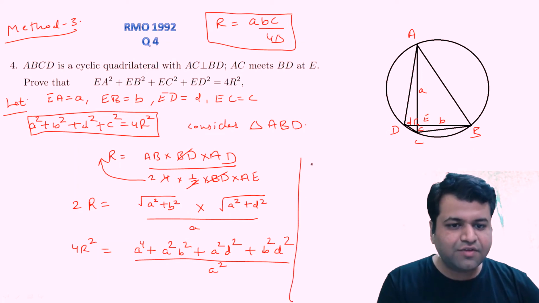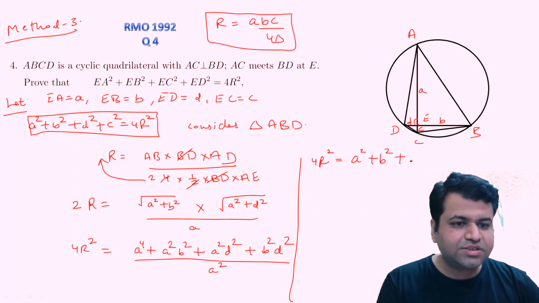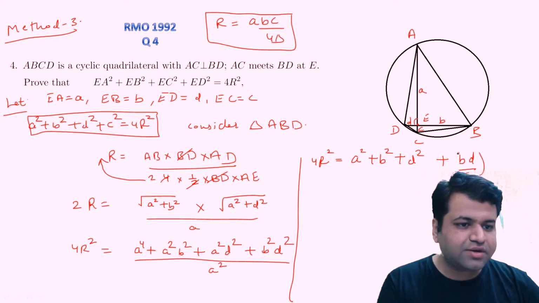So what we will get is 4R square equals a square plus b square plus d square plus this new thing, b square d square upon a square, right? In fact, what we need to prove now is that this should be equal to c square.